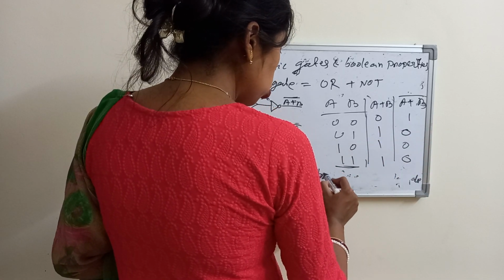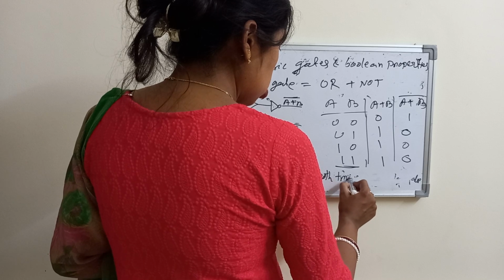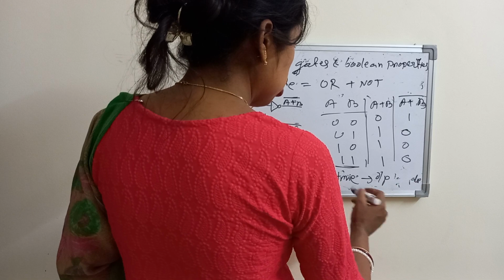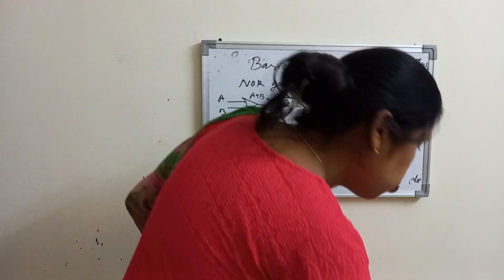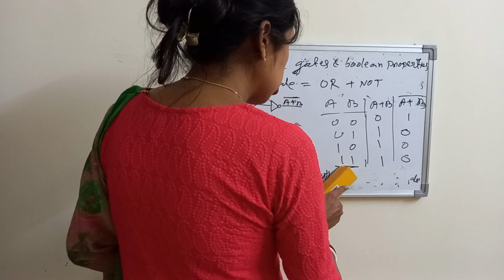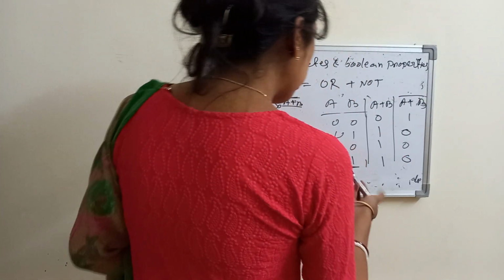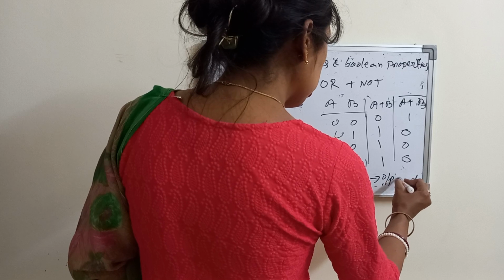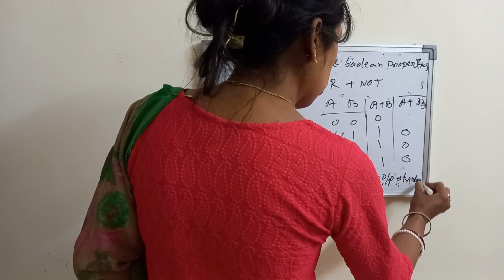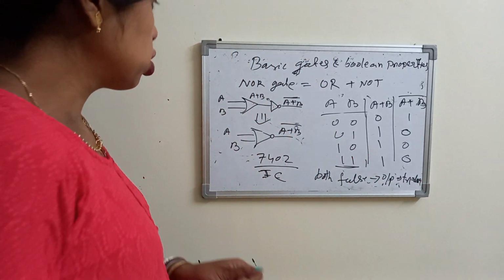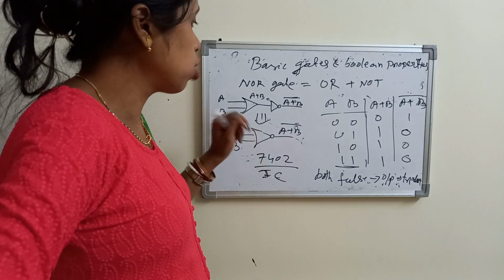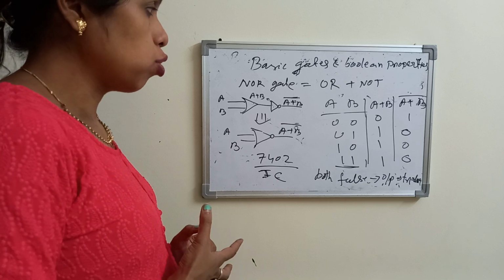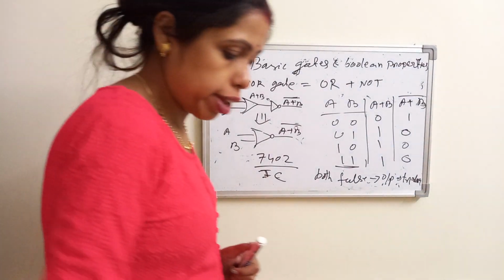If both are false, the output will be true. So this is about the NOR gate. Again, if you remember the truth table of the OR gate, you can get the truth table of the NOR gate, the complement of the OR gate.